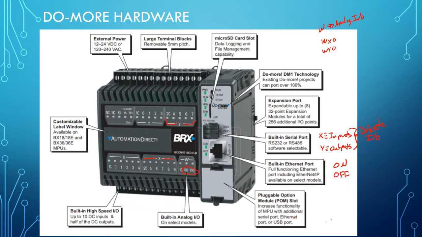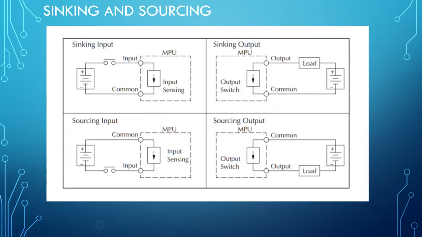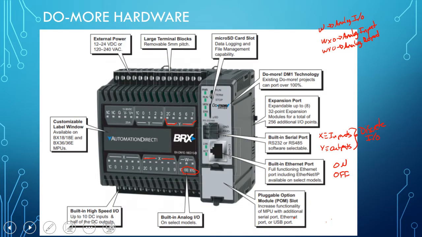It does not carry an actual value. On the analog side, we have WX0 will be your analog input, and WY0 will be your analog output. Okay? It's very important, those concepts.